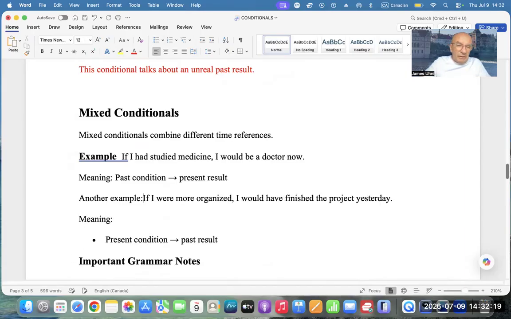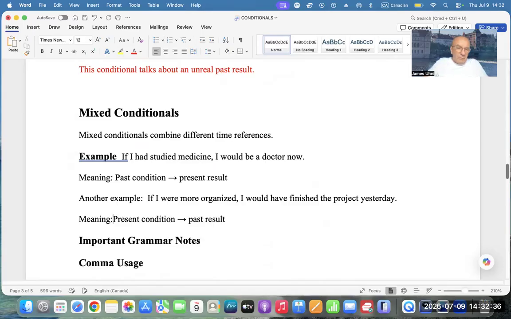hard to explain if I don't want to talk about each of them for about an hour. Another example, if I were more organized, I would have finished the project yesterday, meaning present condition plus or leads to past result.